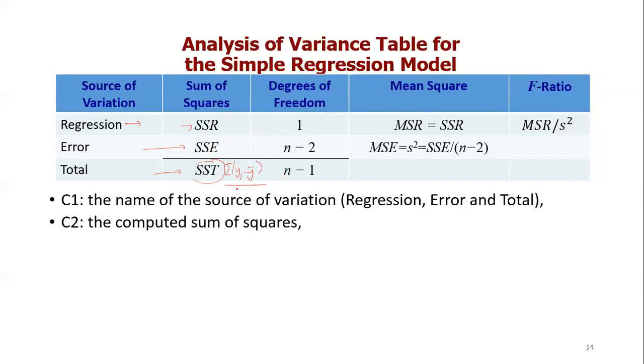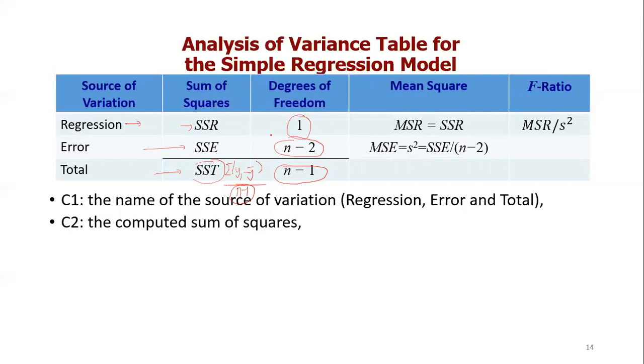When you estimate sigma square, the estimator s square, when you don't have any model, you divide by n minus 1. So this is the degrees of freedom whenever you don't have any model. For SSE, you divide by n minus 2. Remember why? Because you have a model and you have to fit 2 parameters. If you sum them up, it should equal n minus 1, hence just 1 is left there. This is for the regression sum of squares.